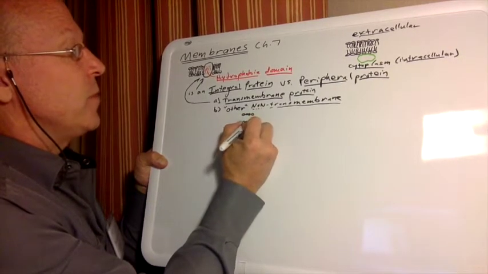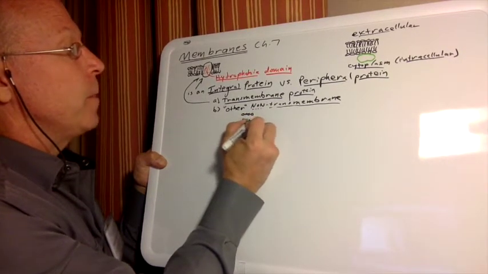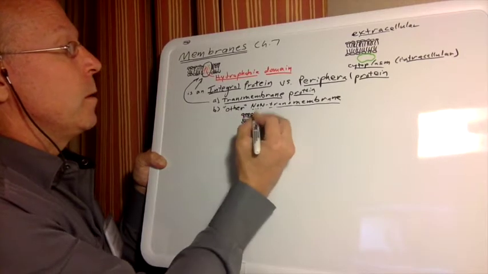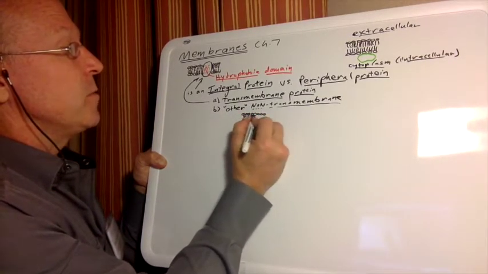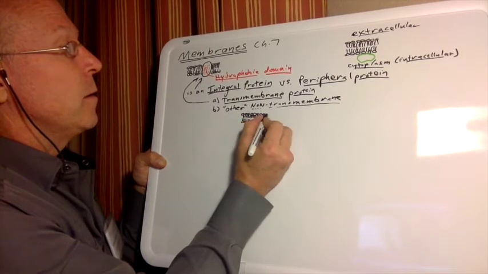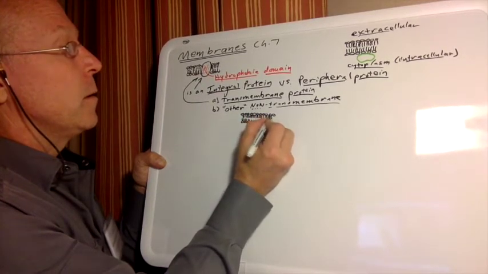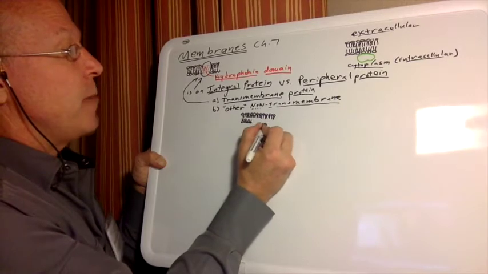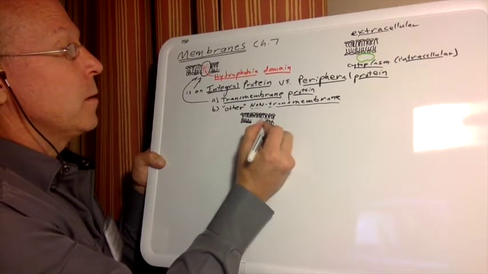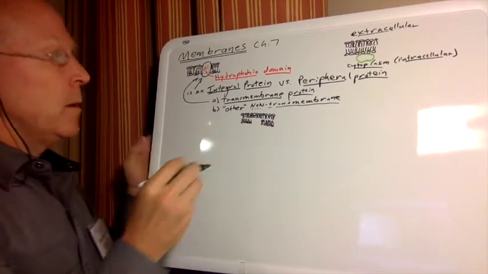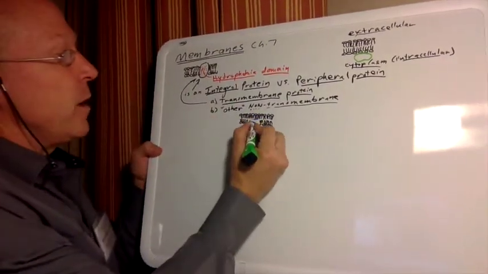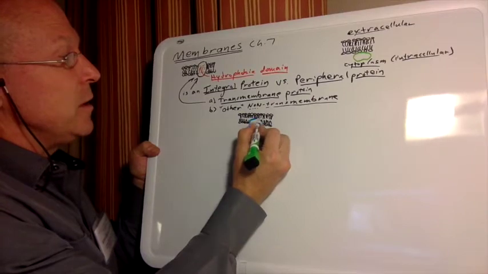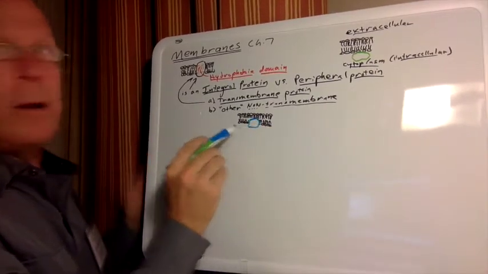Here's a little bit of phospholipid bilayer. Then I'll continue this way. And then I'll leave a gap here. I'll get out a marker and draw a transmembrane protein that doesn't go all the way through the membrane.